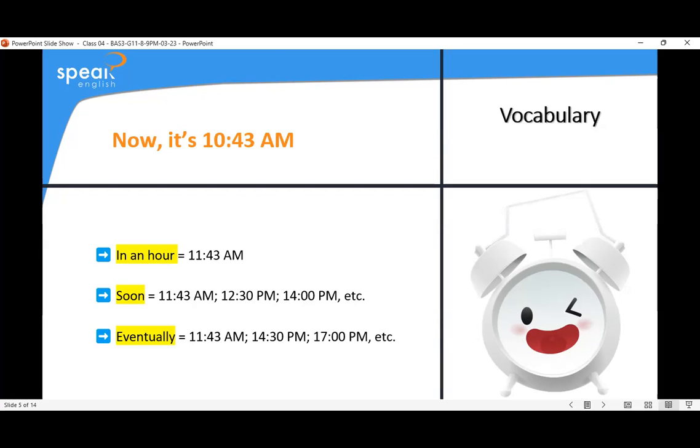It could be probably at 11:43, probably at 2:30, probably at 5 p.m. So we have different moments during the day in which we can do one specific action. So we have 3 time expressions here: in an hour, soon, and eventually. Is the idea clear for the 3 expressions?